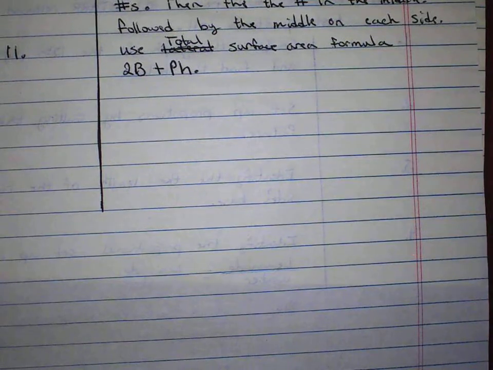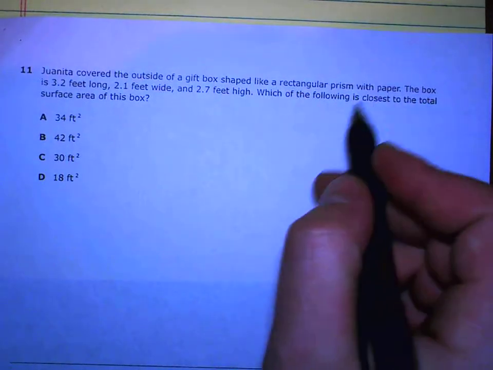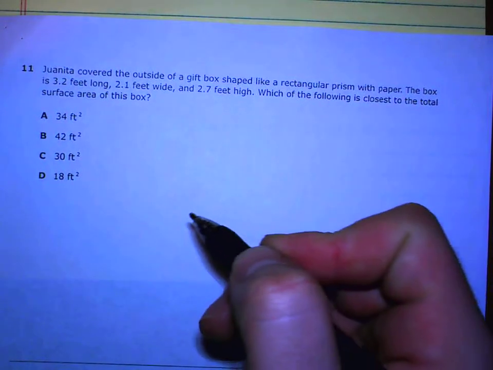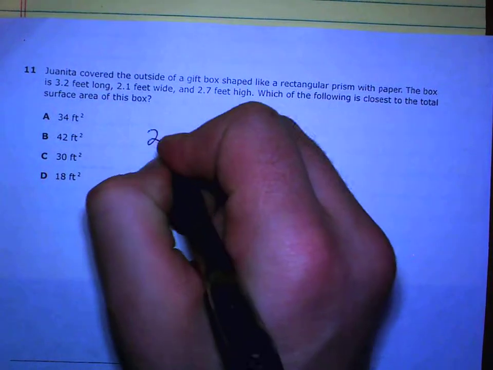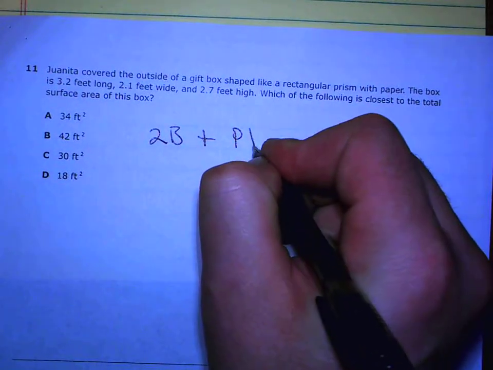Alright, last one, and we're out of here. 11. Use the total surface area formula, 2B plus PH. Alright, so 2B plus PH. That's 2 times the base plus the perimeter times the height.